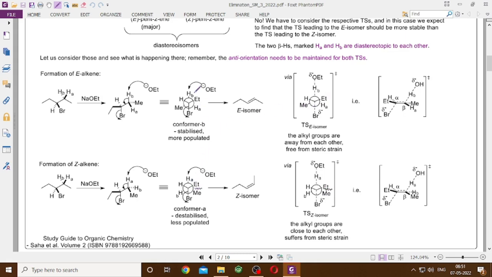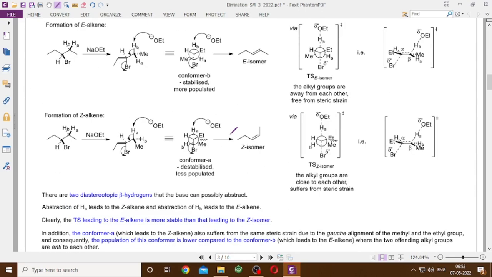If you look at these two conformations, here you have a methyl-bromine gauche interaction. But in this case, you have not only a methyl-bromine gauche interaction, but also a methyl-ethyl gauche interaction. So if these two conformations are considered, the population is favoring this conformation, and the population is minor here, the population is major here. So what is happening?